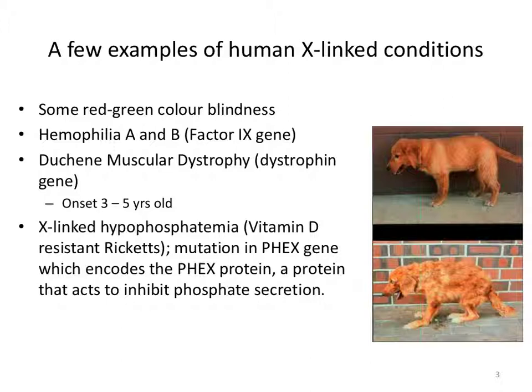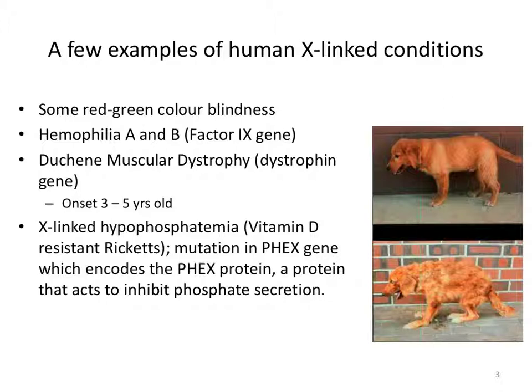Examples of X-linked conditions observed in humans are red-green colorblindness, hemophilia A and B, and both of those are hemophilia conditions that are associated with clotting factors, wherein the genes that encode those clotting factor proteins are found on the X chromosome.